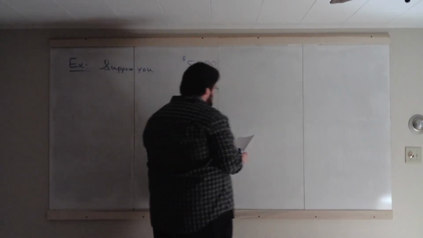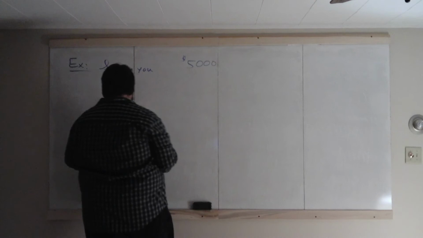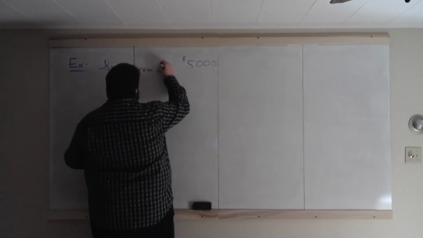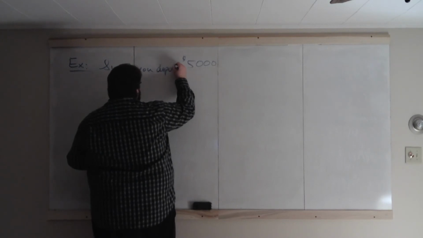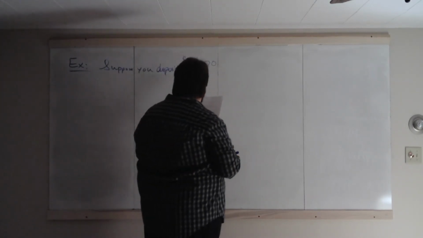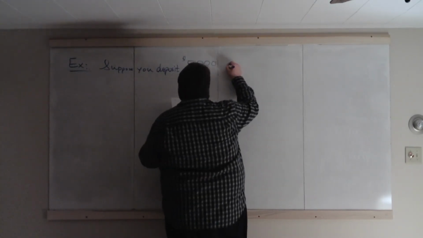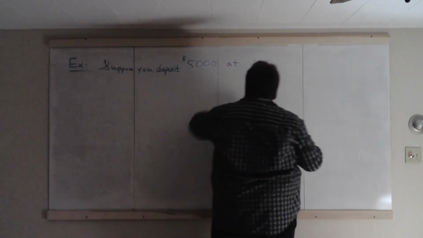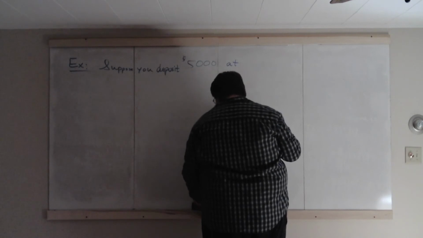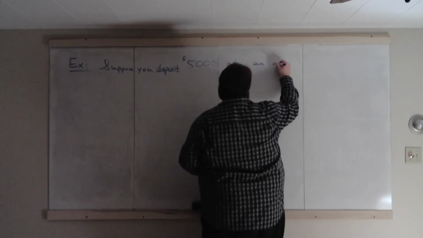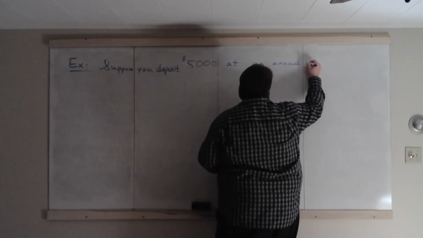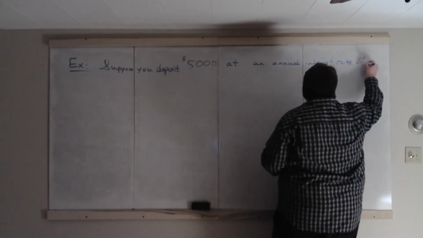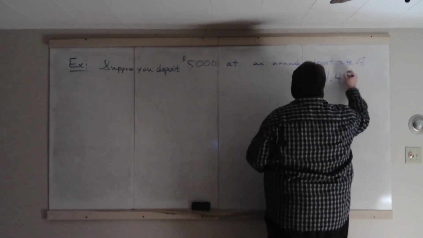All this interest rate stuff you could just translate over to investment and how much you earn on it, but let's just stick to deposit. Suppose you deposit $5,000 at an annual interest rate of 1.41%.